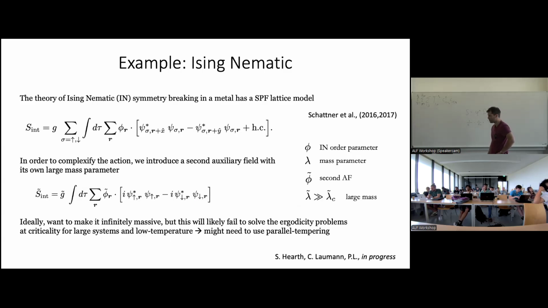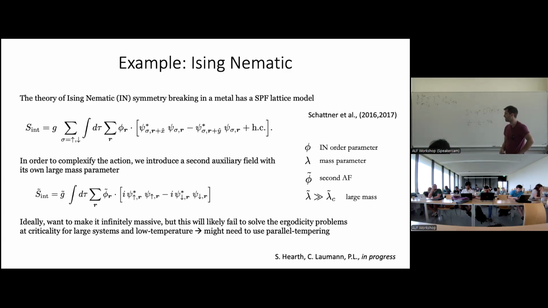Okay. So for the reason that I was saying, even though the previous work on the Hatsugai-Hubbard model indicates that you can use a very large effective lambda tilde, or equivalently a very small g tilde here, to make this coupling very weak or these fluctuations very small, this will likely break down at some point near criticality, because in principle it shouldn't work infinitely well at large beta and large volume and near criticality.